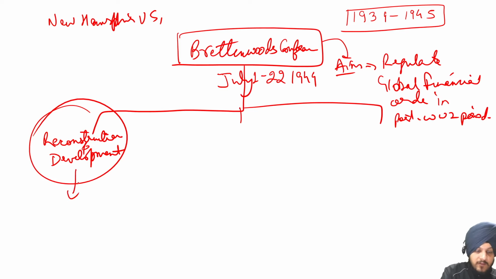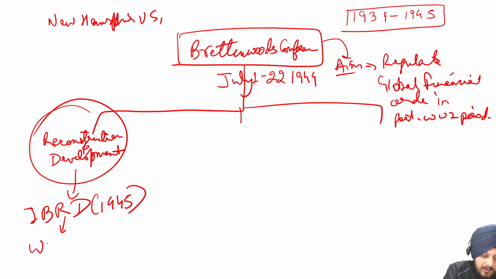That objective led to the formation of the International Bank for Reconstruction and Development in the year 1945, which later on was named the World Bank Group.